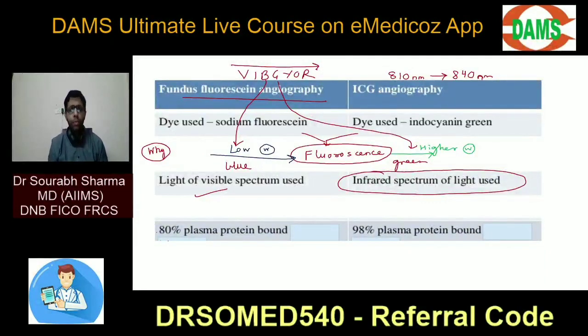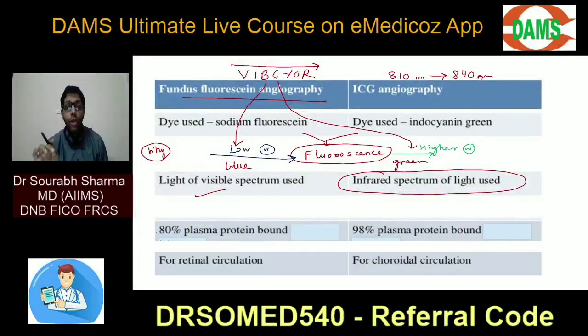So what will happen if you put fluorescein? It is bound to the proteins and stays inside the retinal vessels and the choroidal vessels. But fluorescein is less bound as compared to ICG.